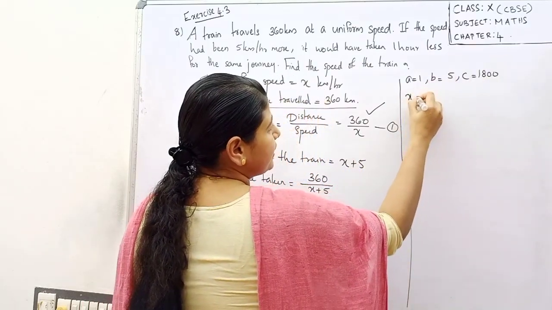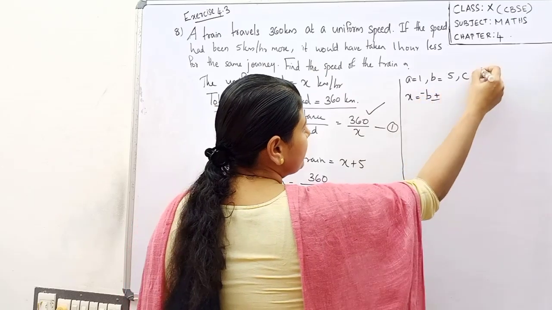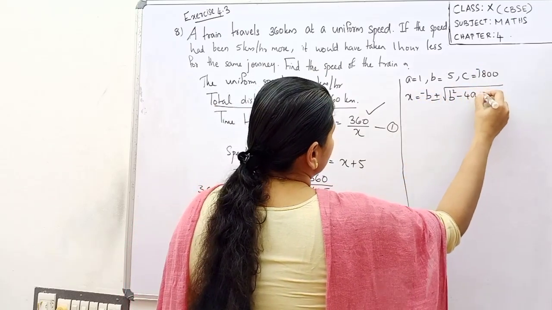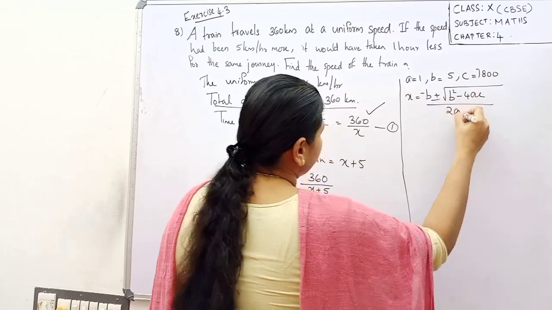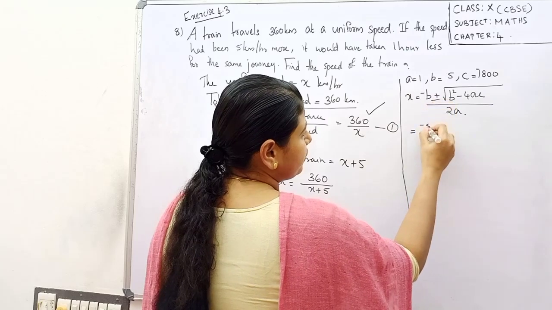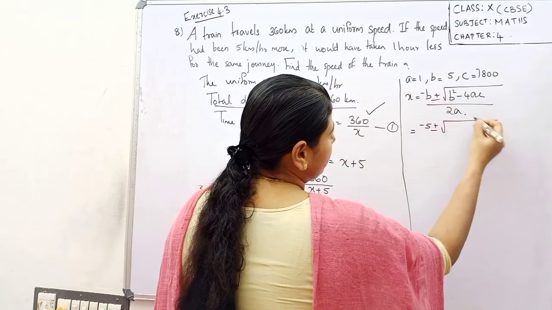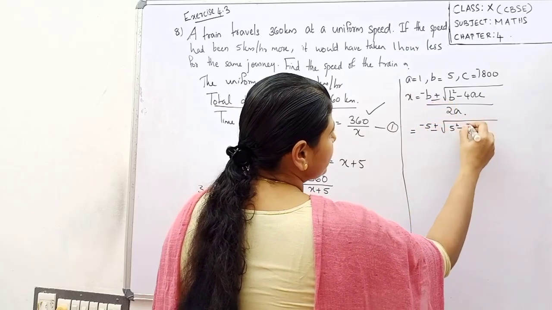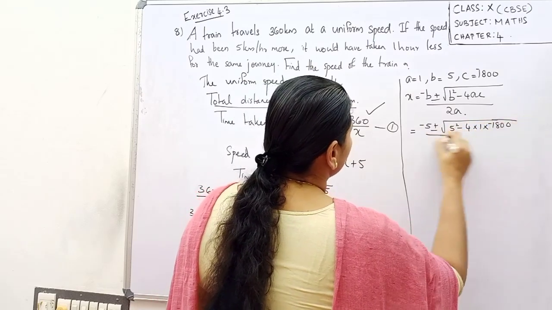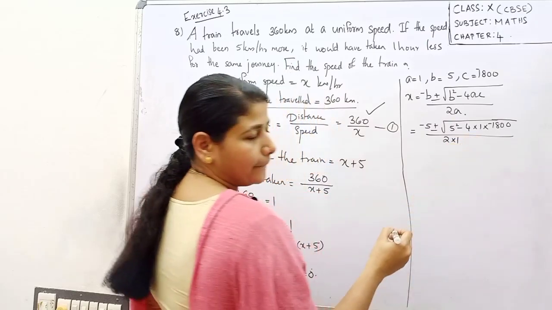Use the formula x equal to negative b plus or minus root of b square minus 4ac by 2a. Substitute all the values: negative 5 plus or minus root of 5 square minus 4 into 1 into negative 1800 by 2 into 1.